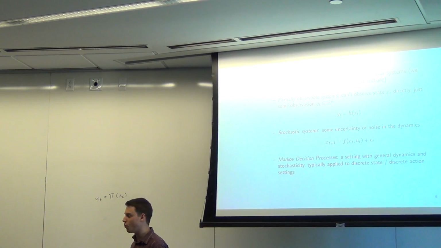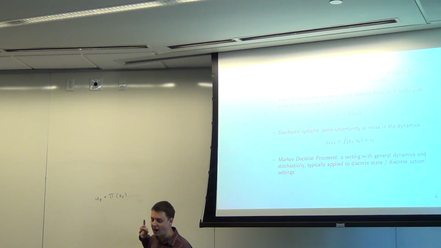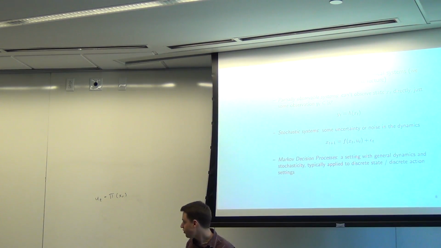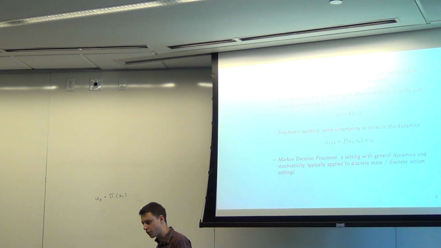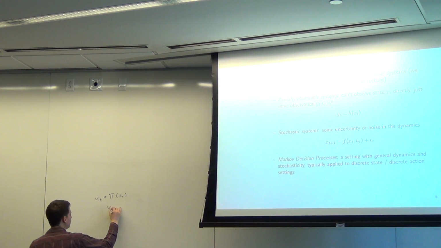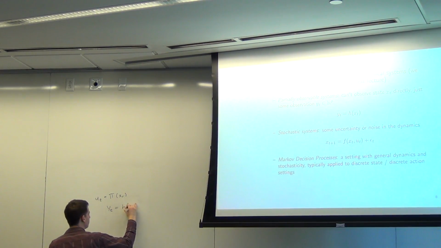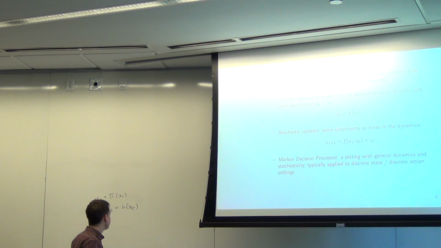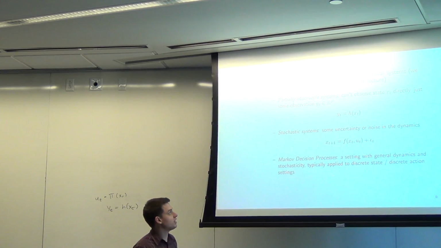So you can't always write a policy like this because you don't actually know what the current state x_t is. Instead, what you know is some function of the current state, which people typically write as an observation, y_t, which equals some observation function, h of x_t.